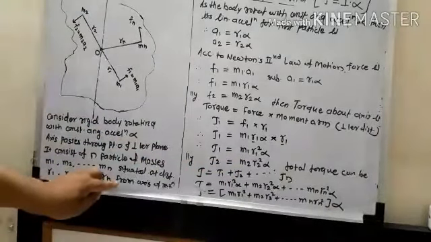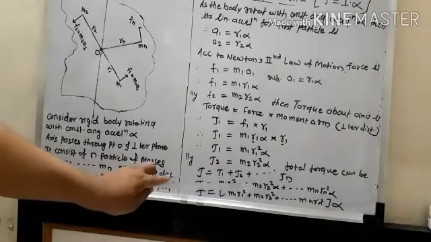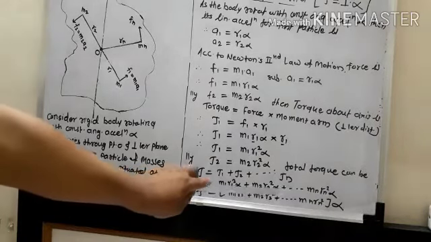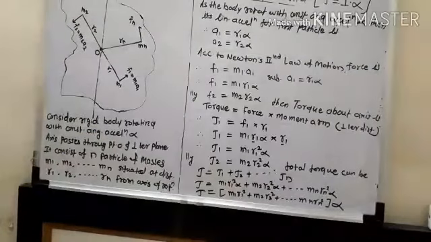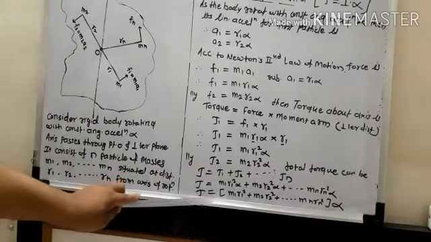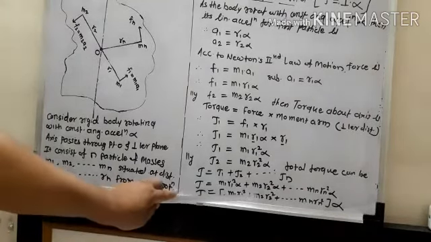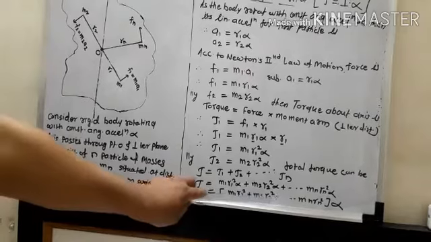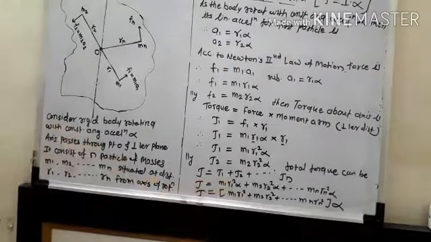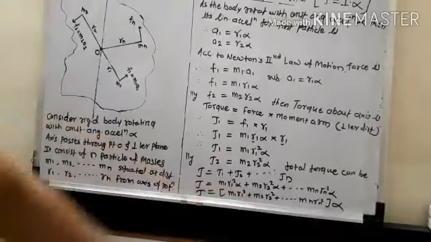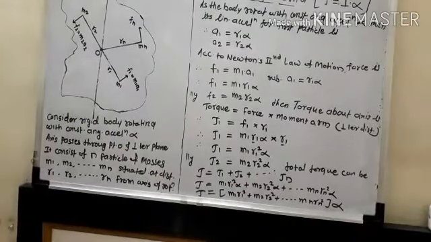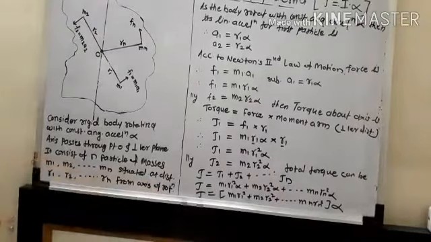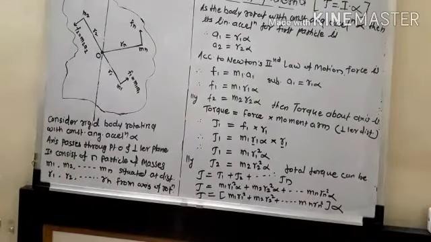Therefore, τ is equal to m1 R1 square alpha plus m2 R2 square alpha plus and so on plus mn Rn square alpha. Alpha is common, so we can write τ is equal to, in bracket, m1 R1 square plus m2 R2 square plus and so on plus mn Rn square, and the common term alpha. Then we have to see that this bracket term, m1 R1 square plus m2 R2 square up to mn Rn square, is known.